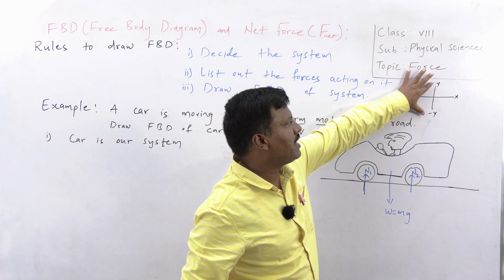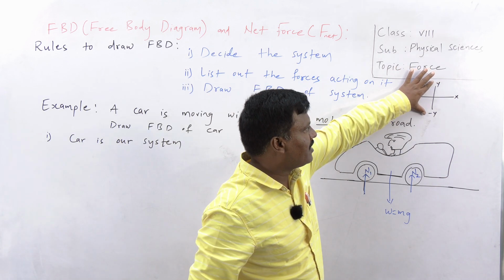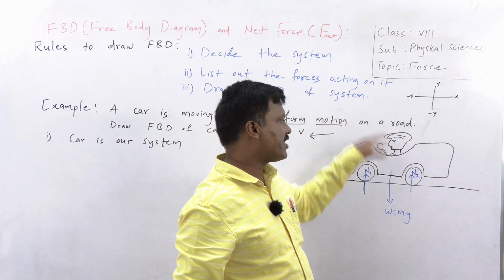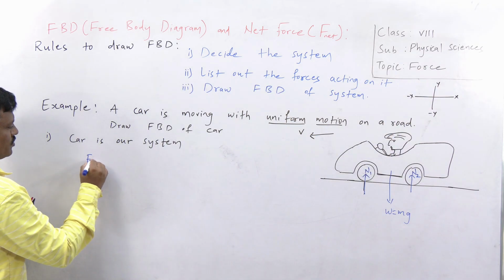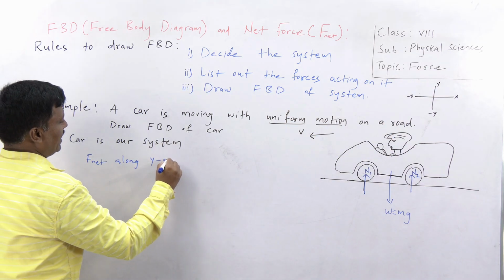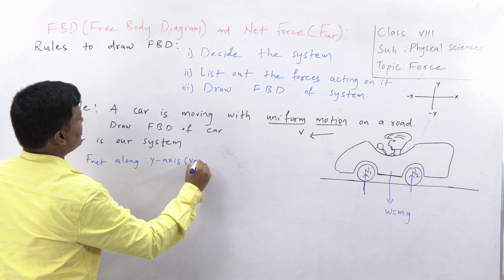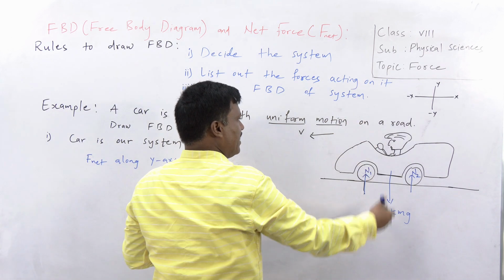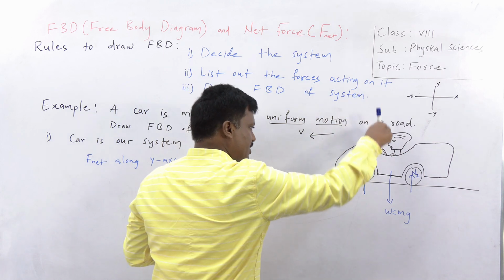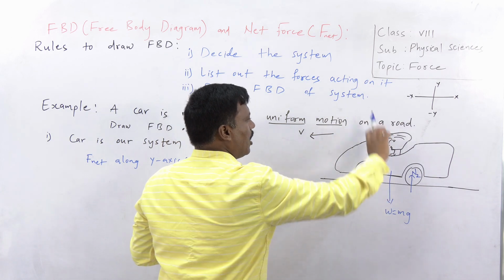First we are going to write the net force along the y-axis. In vertical direction, first we will write the net force. Okay, so net force along the y-axis. Y-axis means vertically, vertical direction. Tell me in vertically how many forces are acting? One is down, two forces are up.